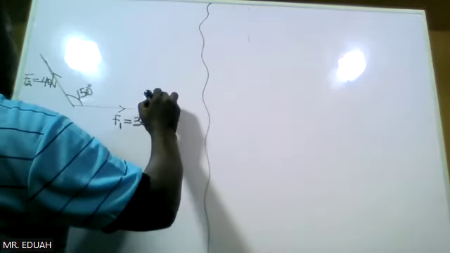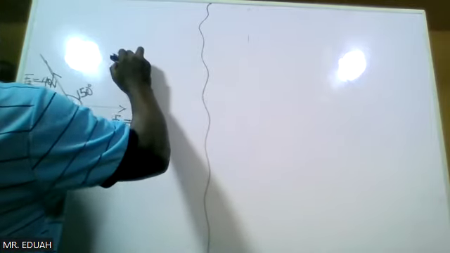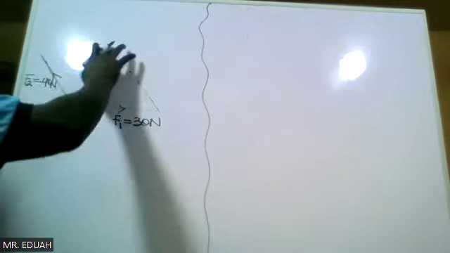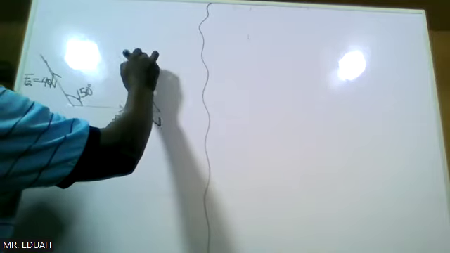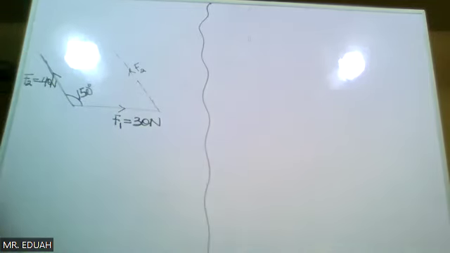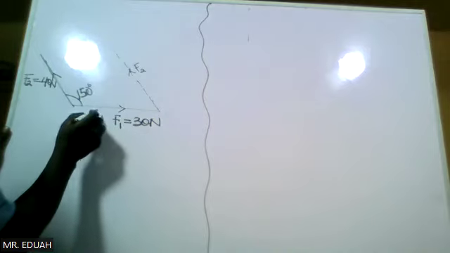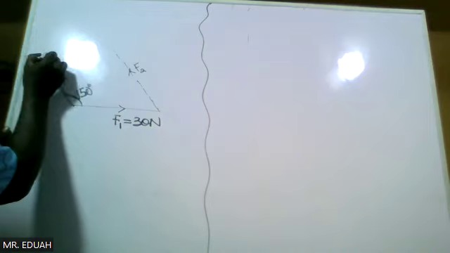So I create an equal vector of F2 on F1. Equal vectors. So once this has the same magnitude as this, I can also call this F2. Then create F1 on F2. The same equal vector approach.